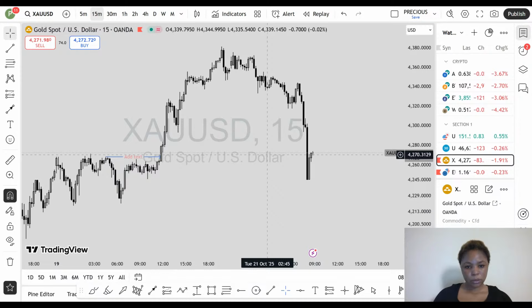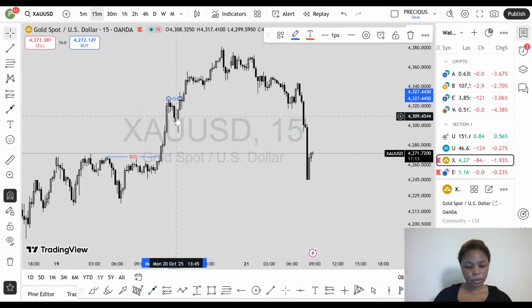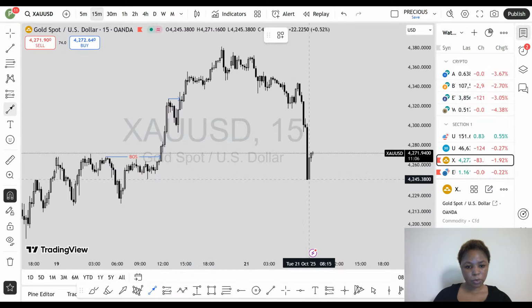You could see we have this break of structure here and then we have an order block here, but price used that as a liquidity sweep and came all the way to mitigate this other block here.